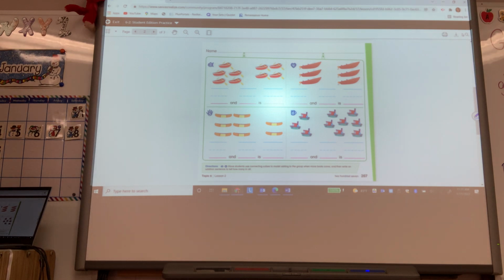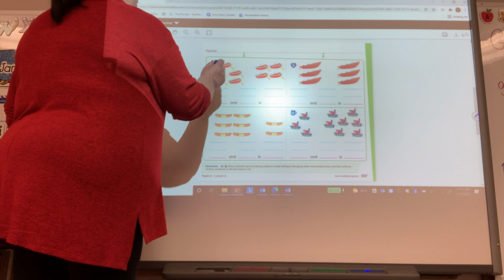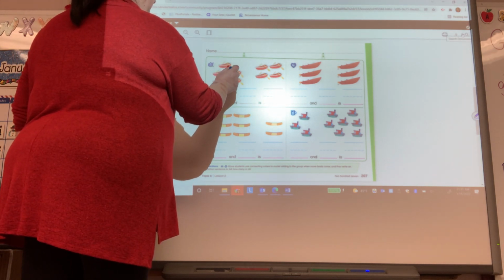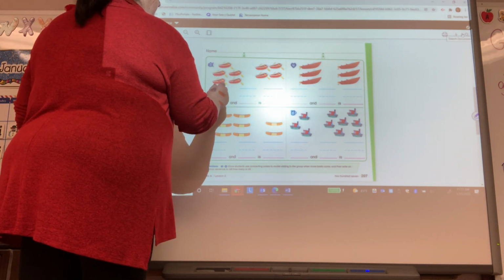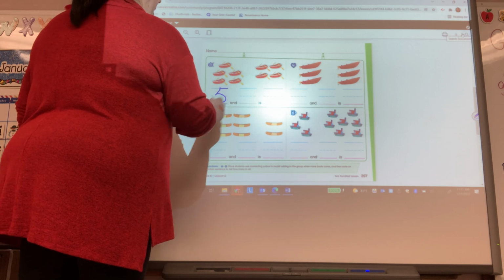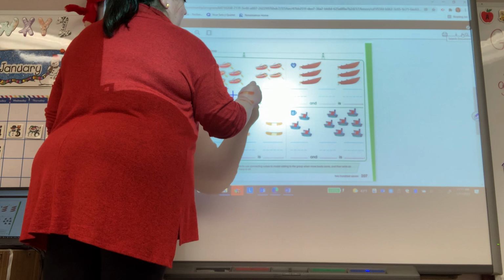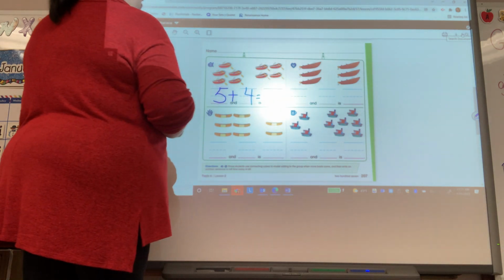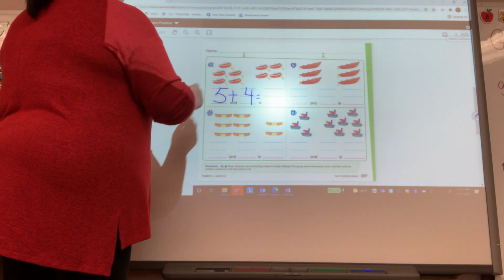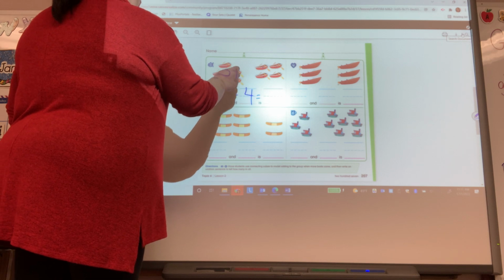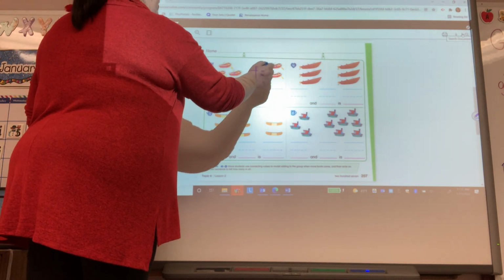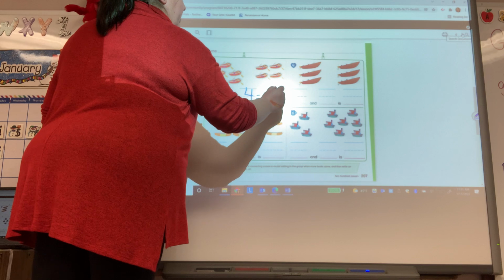Number 3 is inside of the fish. Let's count the first group of boats. 1, 2, 3, 4, 5. 5 plus 1, 2, 3, 4 equals, how much does that equal? 1, 2, 3, 4, 5, 6, 7, 8, 9.